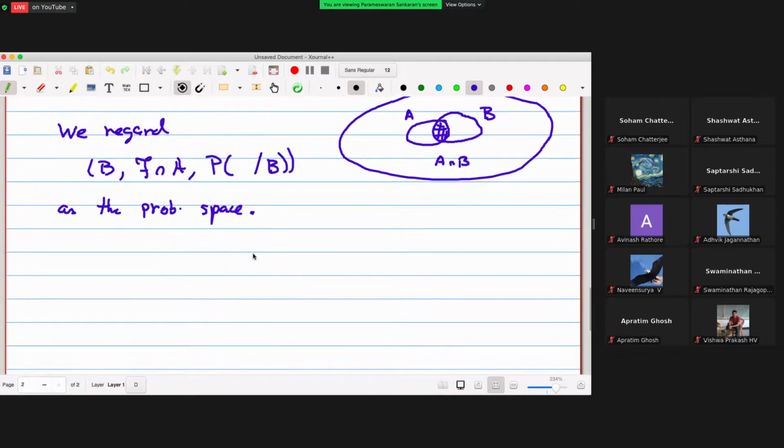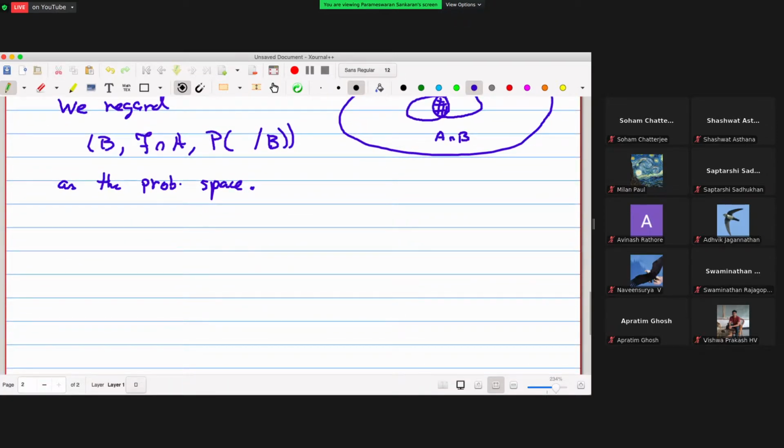Yeah, so some observation, lemma. Suppose that the probability of A is also not equal to 0, and the probability of B is also not equal to 0.